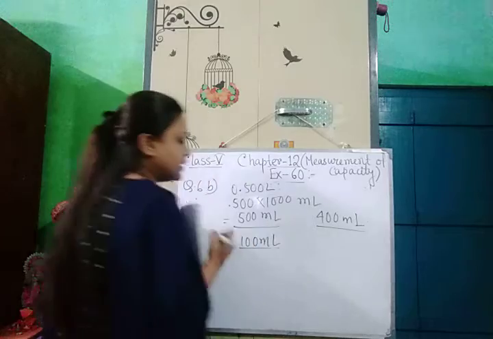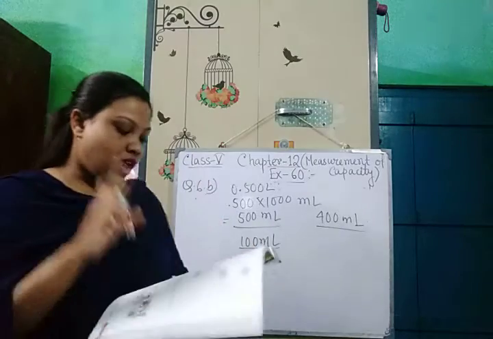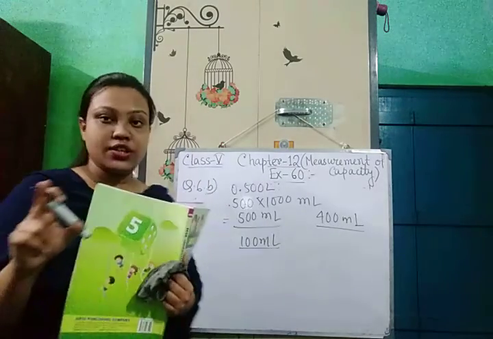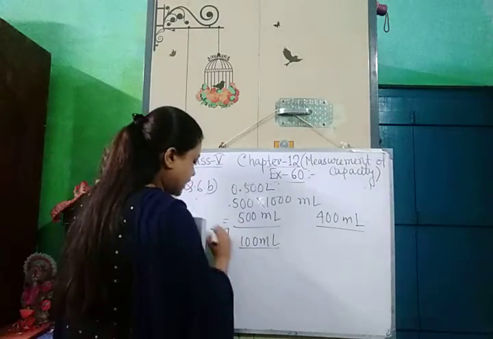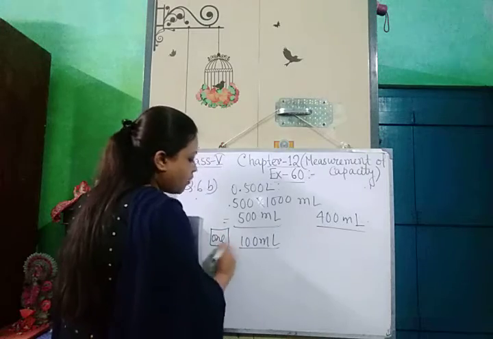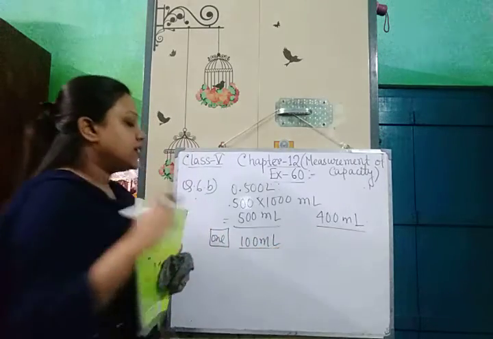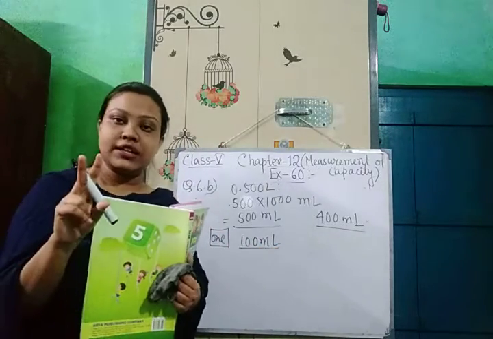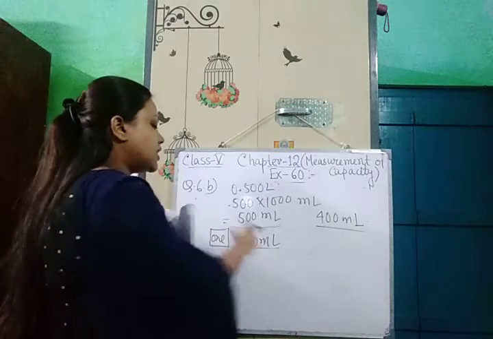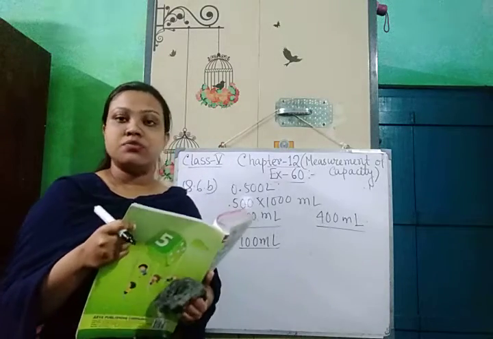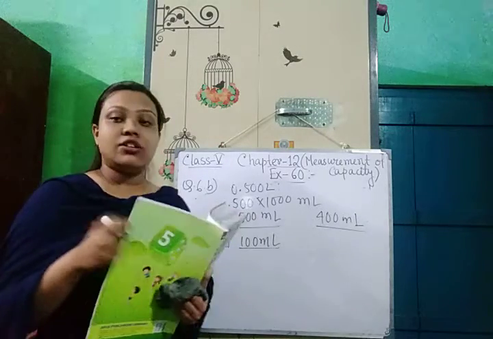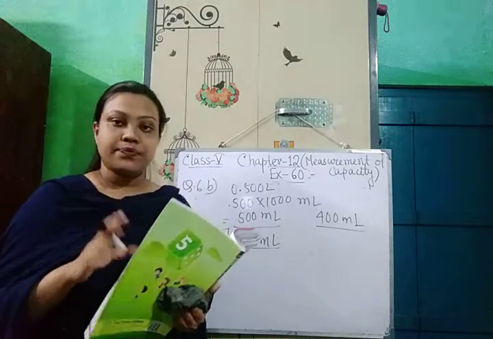So we can use one 100 ml container. In the blank you will write one 100 ml container. That means two 200 ml containers and one 100 ml container we can use to measure 500 ml or 0.500 liter.